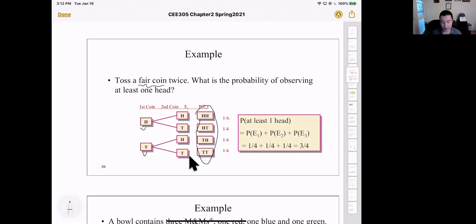For the probability of at least one head, we count: here has two heads, one head, no head. Out of these four, three of them have at least one head, so we add the chances together: P(E1), head-head, plus P(E2), head-tail, plus P(E3), tail-head, equals 3/4. This is an example of a counting method, which we're going to discuss next class.